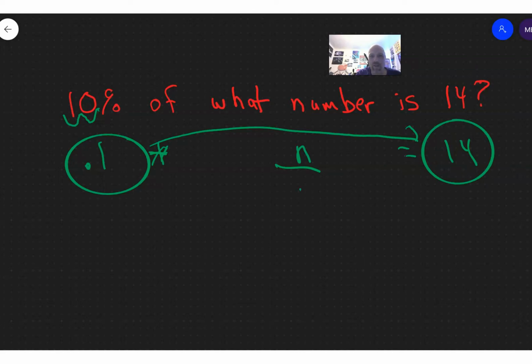So that's going to leave me times 1/10 divided by 1/10. That's just going to be n over here. And on this side, it's going to be 14 divided by 1/10. Well, I can do a standard algorithm, or I can just see, I know how many times 1/10 goes into 1, 10 times. So it's going to be 14 times 10. So it's going to be 140.